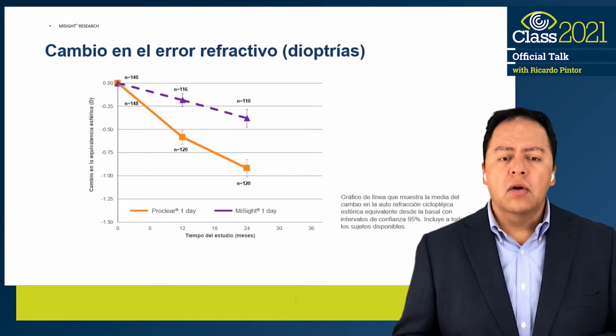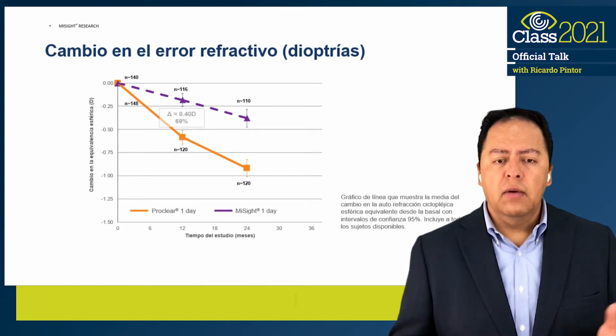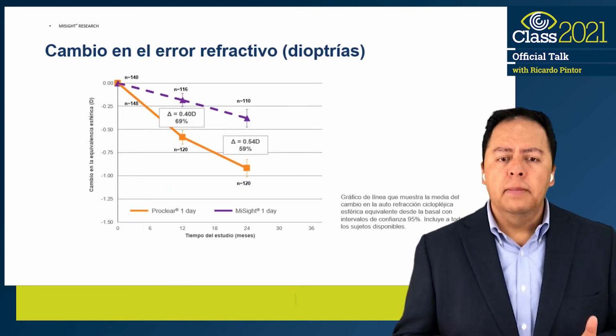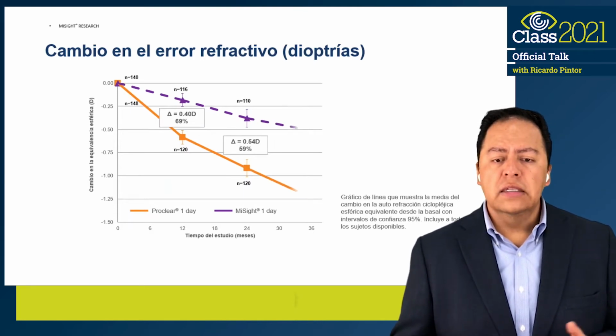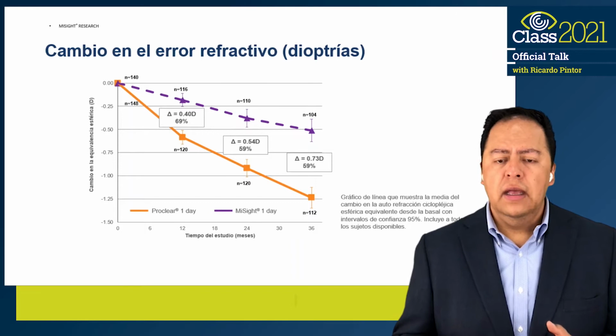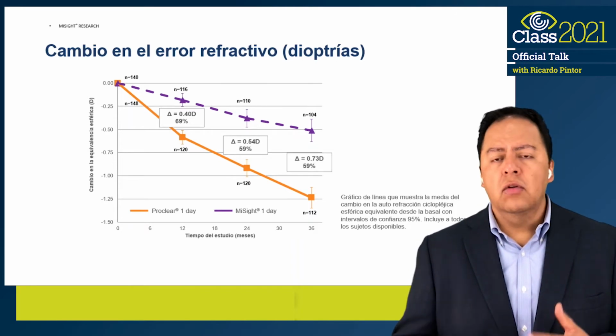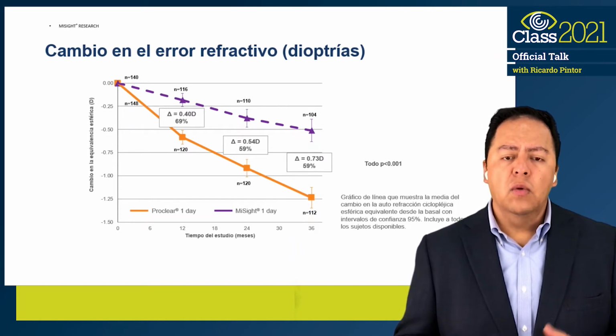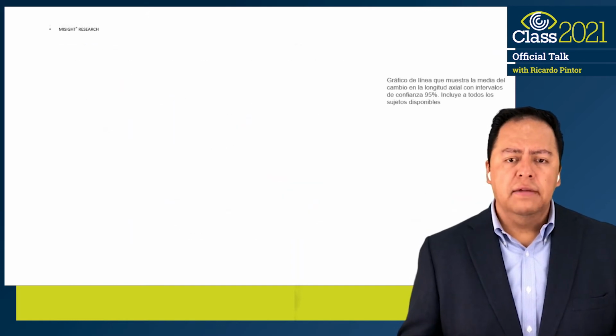We can see how they start at a stage with similar refraction, and as time passes, the children who used the MiSight lens to slow the growth, after 6 or 12 months, or 1 to 2 or 3 years, achieve a level of effectiveness and control of over 59% in regard to the refraction.